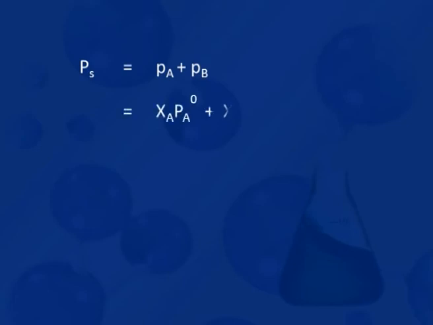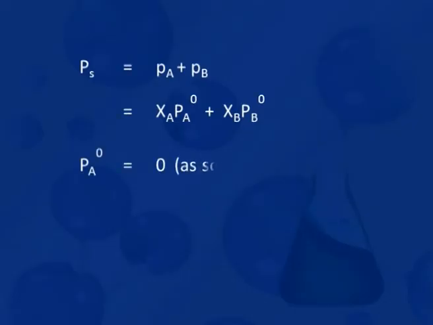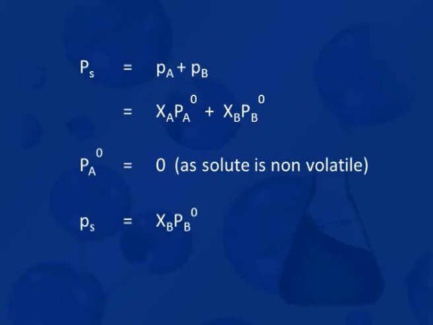Here Ps is the total vapor pressure of the solution, Pa is the partial vapor pressure of solute, and Pb is the partial vapor pressure of solvent. As solute is non-volatile, hence Pa will be equal to 0. Putting Pa equal to 0, you will get Ps is equal to Xb P naught B.